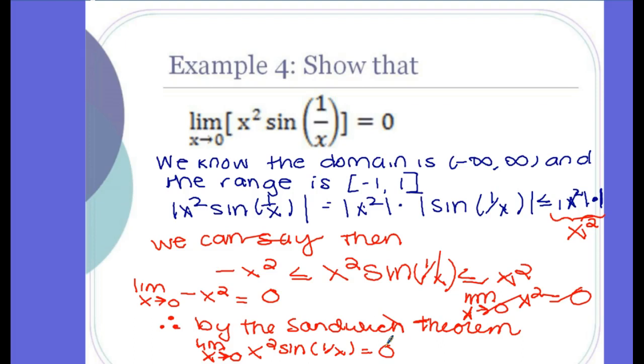So think about all the values you can plug in for sine. They're all going to be between -1 and positive 1. Does that make sense? Because the x squared part doesn't matter. We're not talking about the range of x squared, we're only talking about the range of sine x. Because x squared is part of my exterior range. Yeah, that would be infinite.